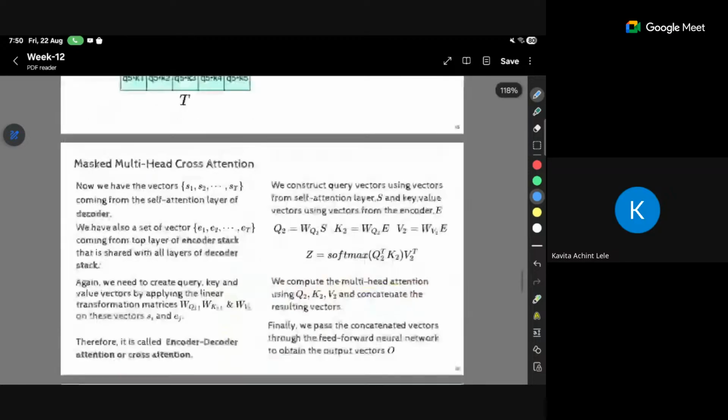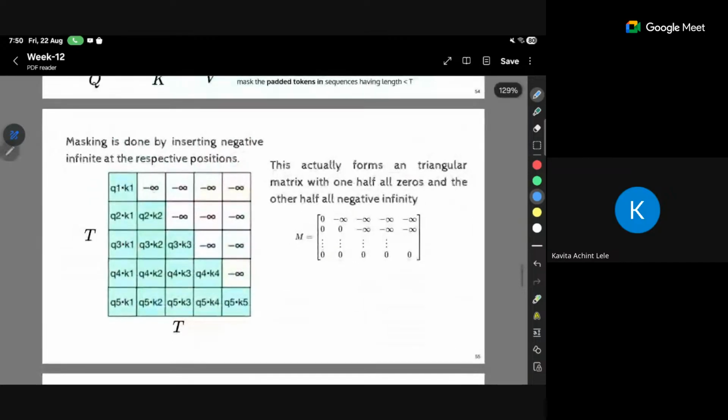And how does the mask look like? Something like this. So I'm going to mask it with minus infinity. Why I'm using minus infinity is because if you do the softmax, one is q transpose k, this multiplication you have. In that you are going to multiply this mask, right? So element wise multiply. Whatever the q transpose k size is, that is going to be t cross t, right?